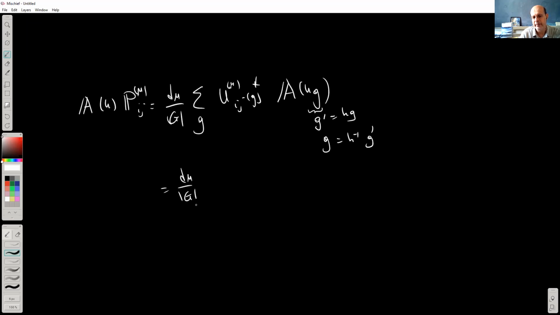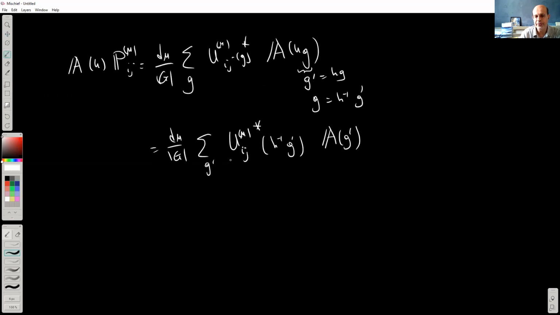This is a trick that we have used before. There's a complex conjugate of u of H inverse G prime here, and then A of G prime. Next, use the fact that this is a representation. So therefore, this is like u_iL^mu of H inverse times u_Lj of G prime, whatever. There are these complex conjugates as well.